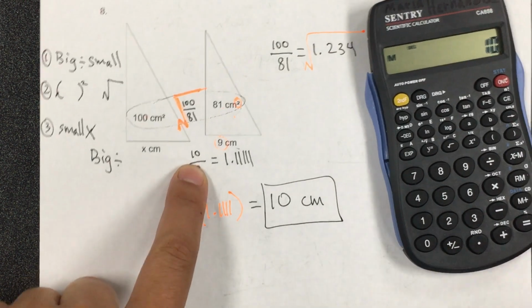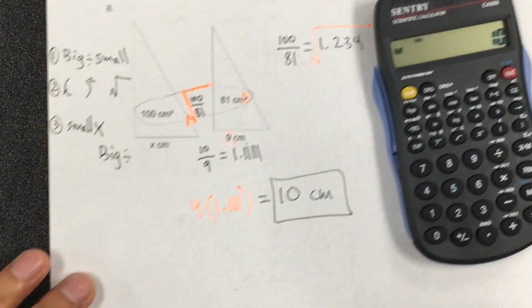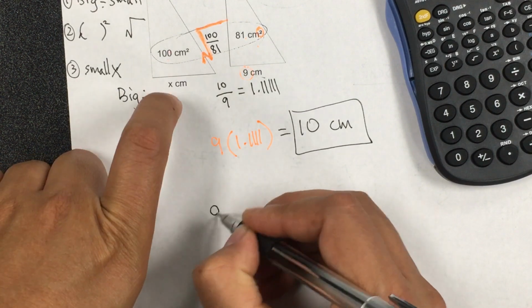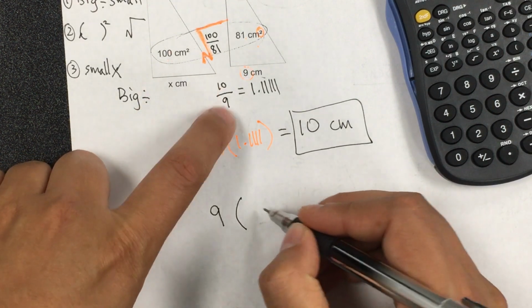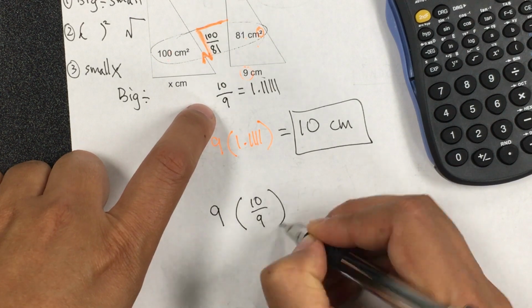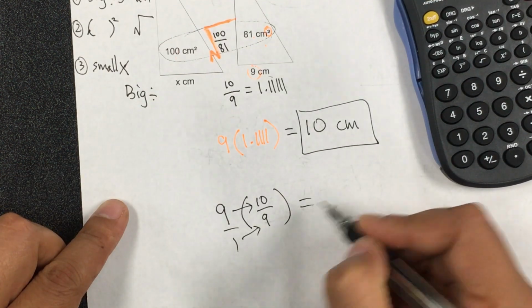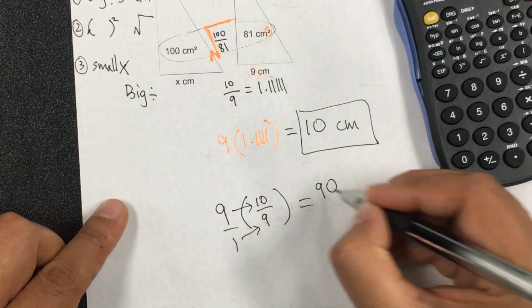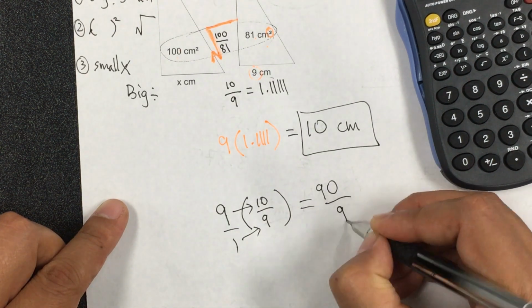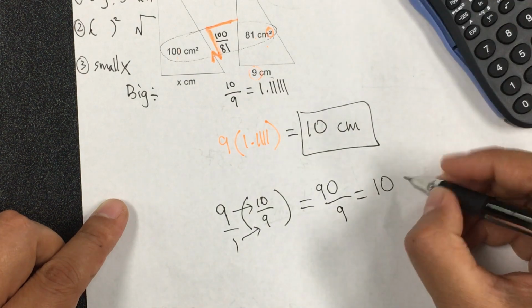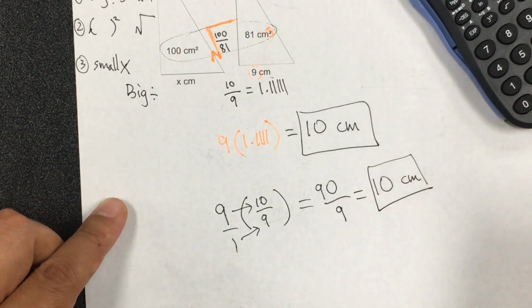Now, what if you decide to use 10 over 9? Then it's going to be 9 times 10 over 9. We put the 9 over 1 and multiply straight, so 9 times 10 is 90, 1 times 9 is 9, and 90 divided by 9 is 10. So if you notice, you get the same answer.